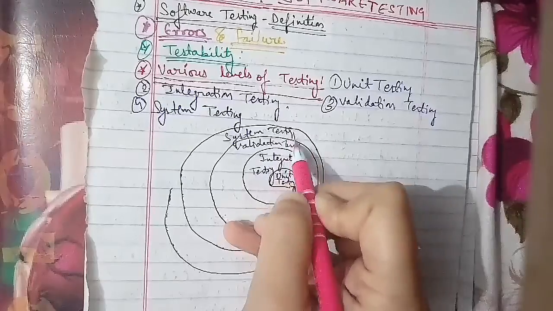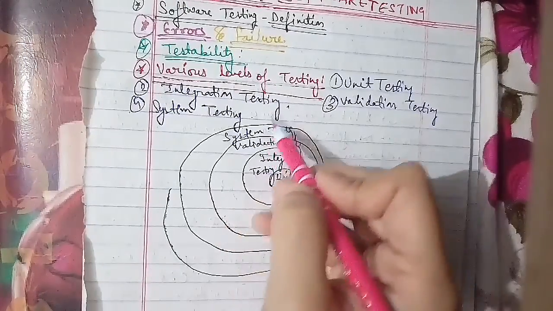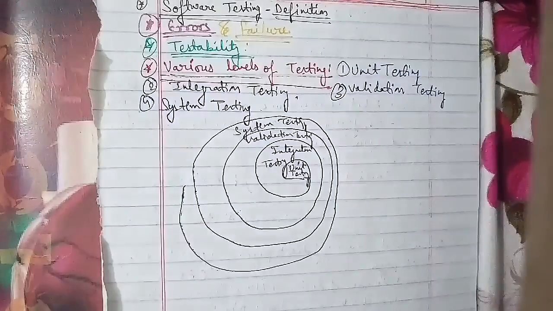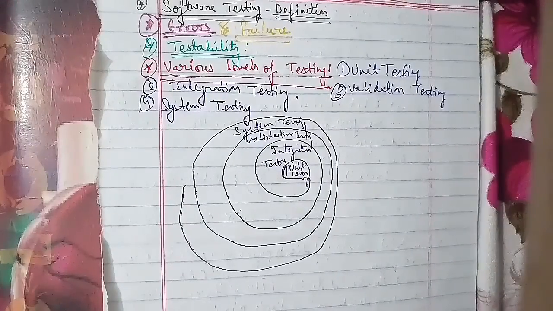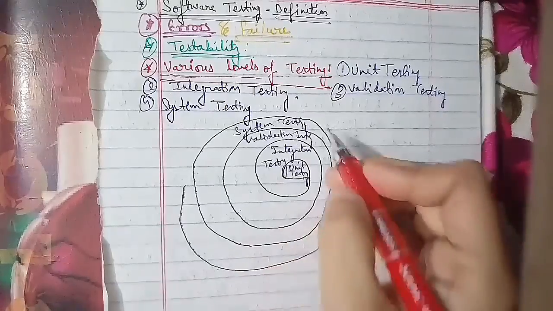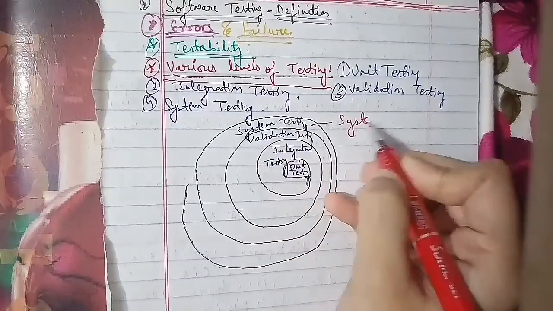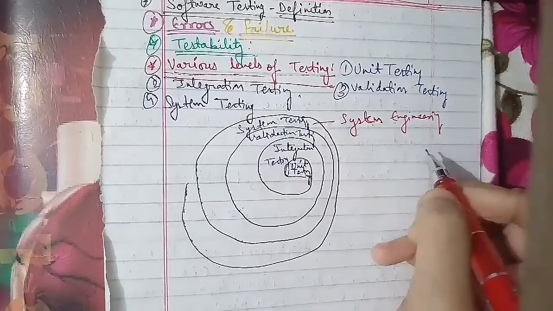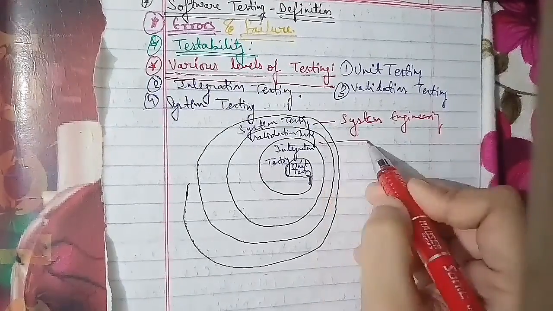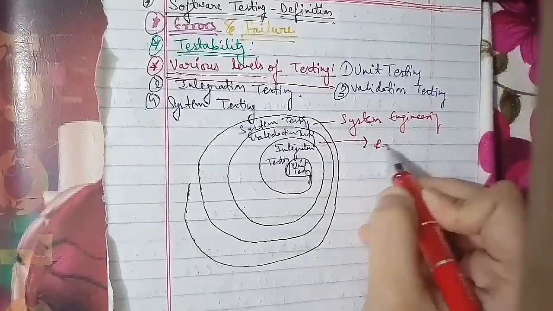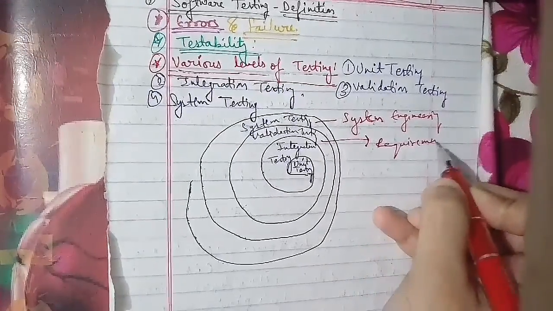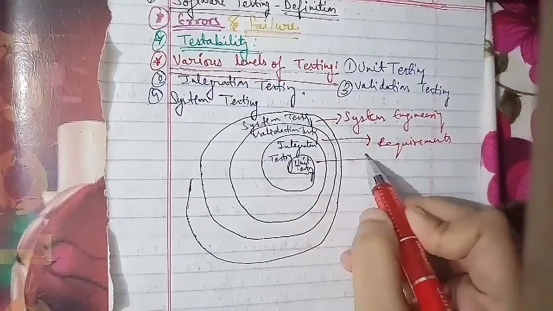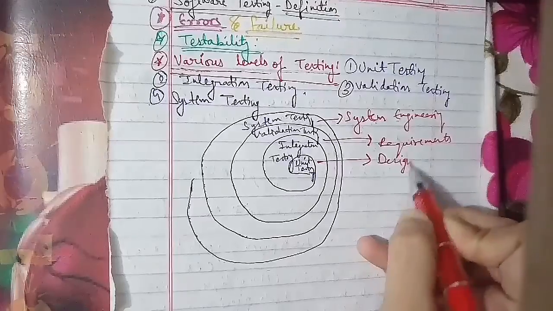With the same case for the system testing, if I go ahead, this is your system engineering. Another is your validation testing, which is your requirements. Another is integration testing, which is your design. Then another is your unit testing, which is your code.